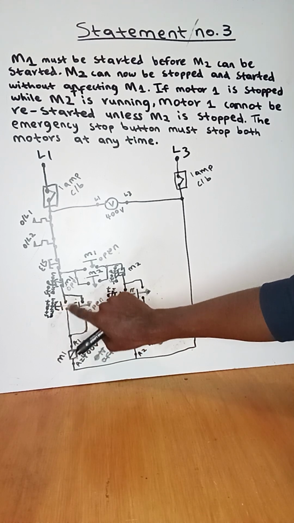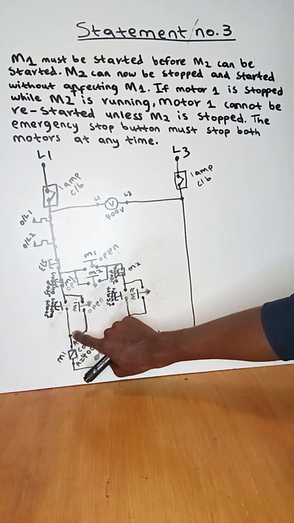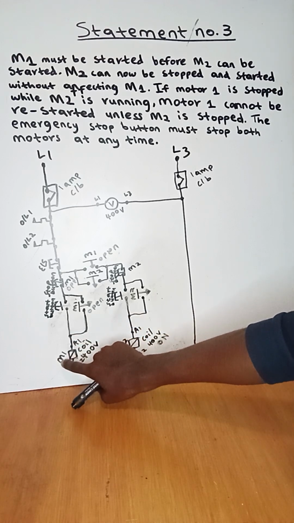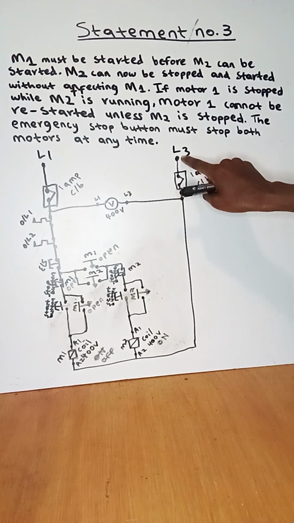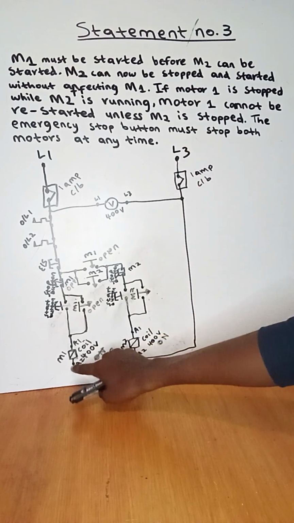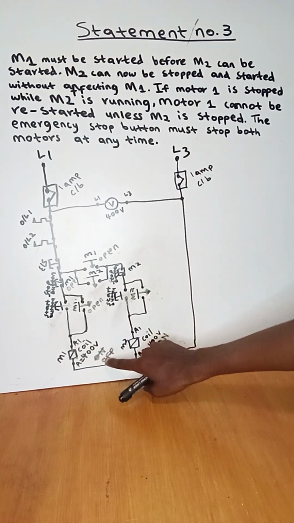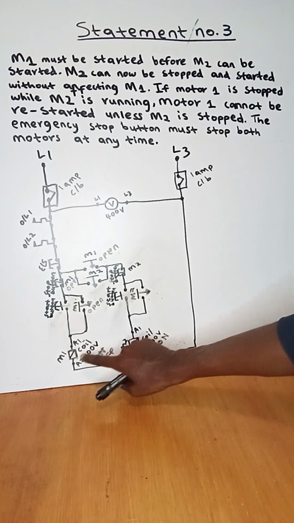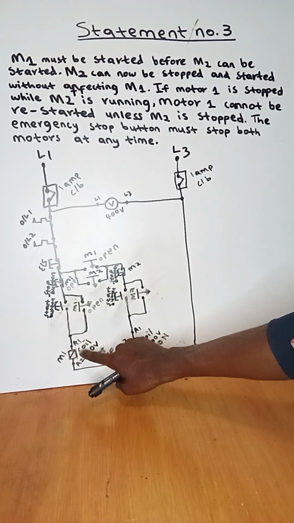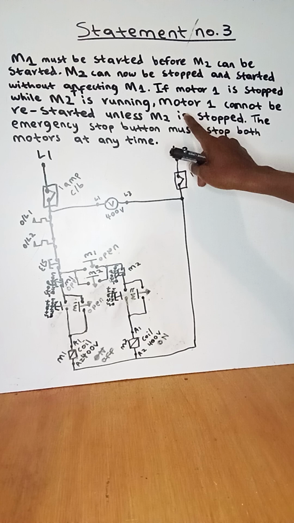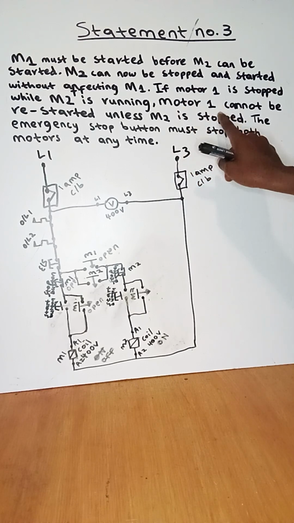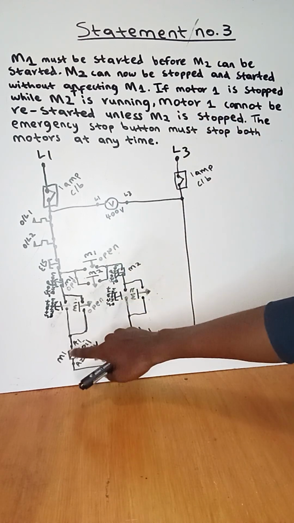When I press the start button, current will flow all the way to A1 of the coil of motor 1, and it will also get live 3 from A2, which means it will be energized. So the sketch is wrong because it allows the start button to restart motor 1.